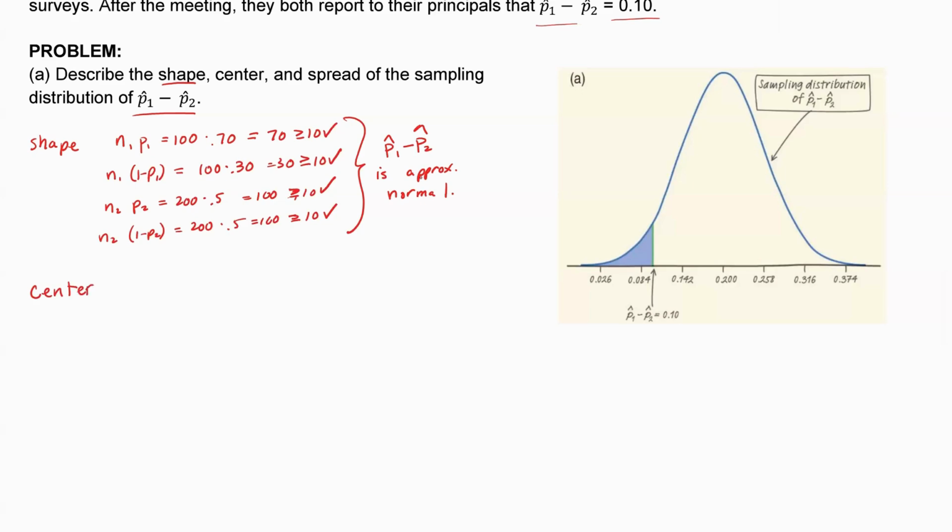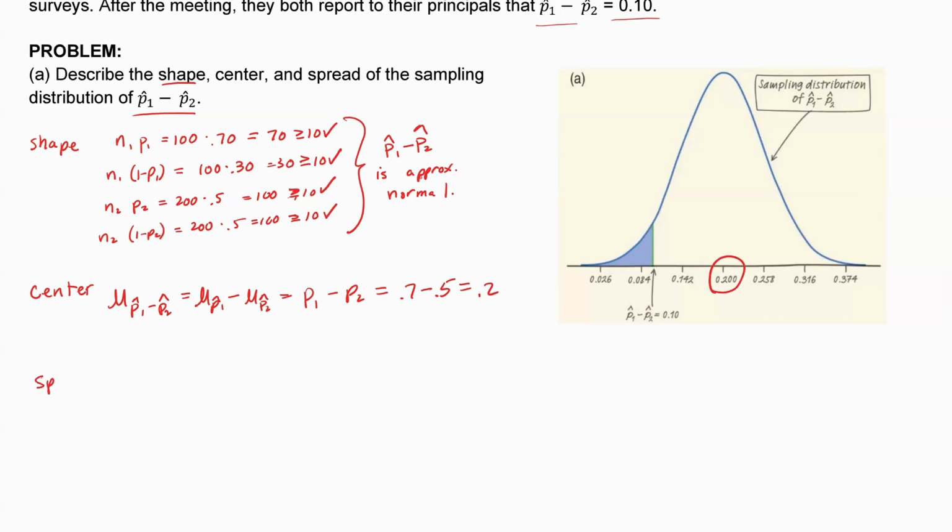Well, we talked about the fact that the mean of p hat 1 minus p hat 2 would be the same as the mean of p hat 1 minus the mean of p hat 2, which we know are p1 and p2. So in this case, we expect that the difference between p hat 1 and p hat 2 over many, many trials is going to be 0.2. You can see that reflected there.